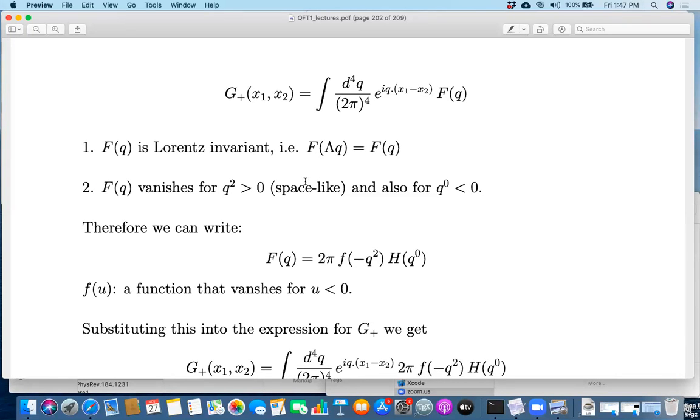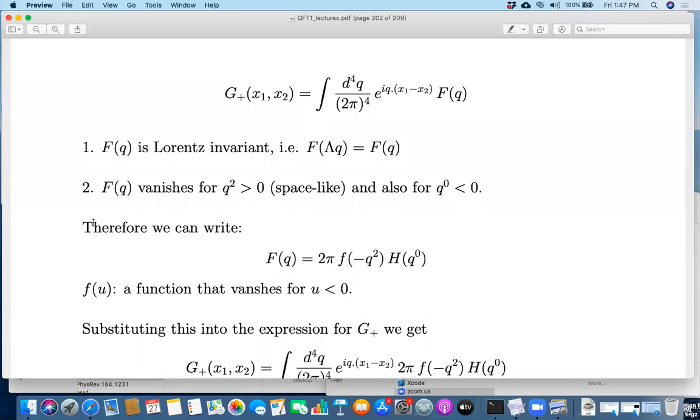So what have we learned so far? Here is a summary. You have learned that G plus is given by a Fourier integral of this kind, of f of q. And then you have learned these two properties of f: that f of q is Lorentz invariant, and that f of q vanishes for space-like momentum, and also for negative q0.